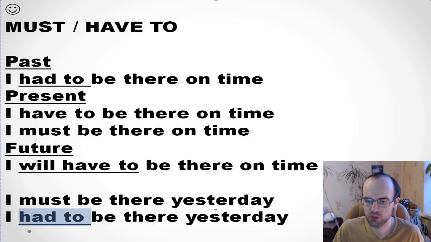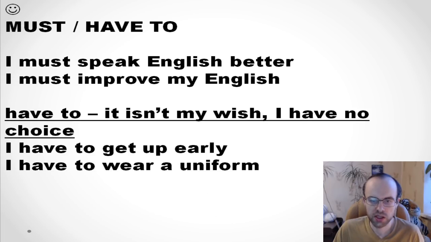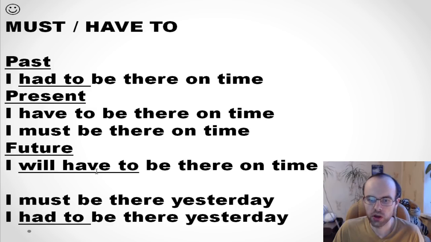I had to be there yesterday. Good. If we look at can, we use will be able to, and if we look at must, we use will have to, talking about the future. Good.